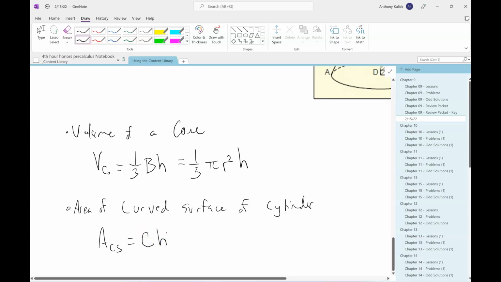Just the circumference of the circle times the height, or 2 pi r h. Everybody feel good here?